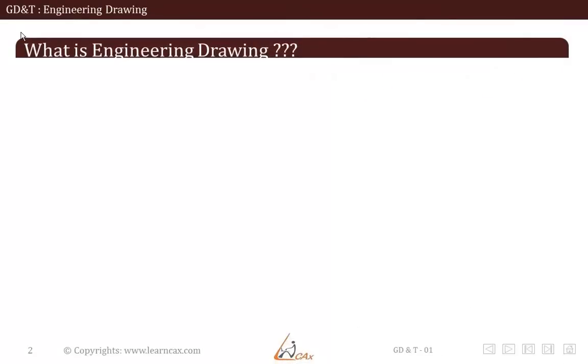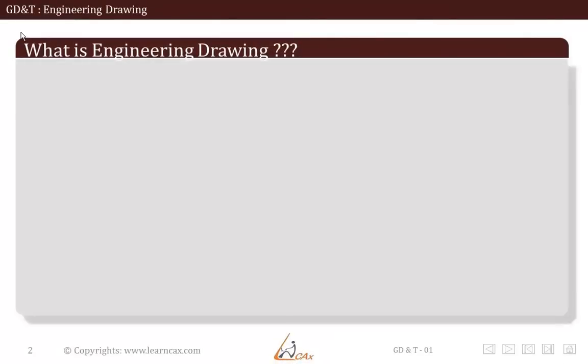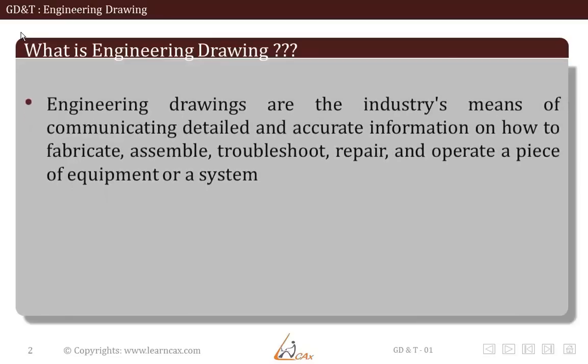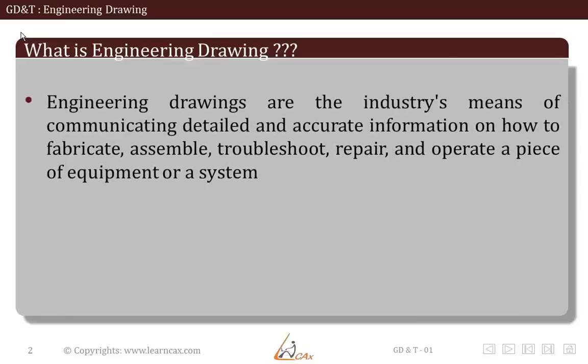First of all, we'll understand what engineering drawing actually means. It is basically a language to communicate between drawings and engineers. Hence, it is stated that engineering drawings are the industry's means of communicating detailed and accurate information on how to fabricate, assemble, troubleshoot, repair, and operate a piece of equipment or a system.